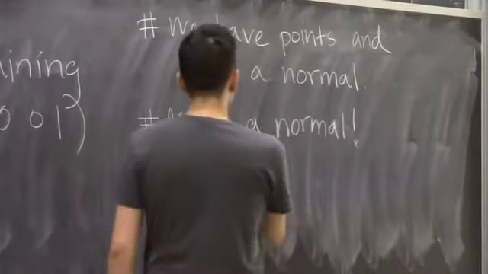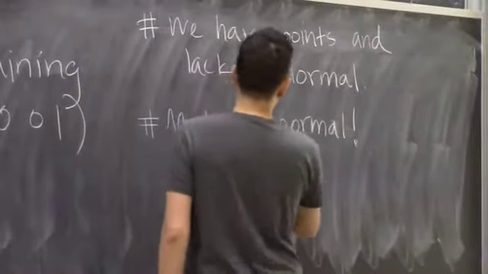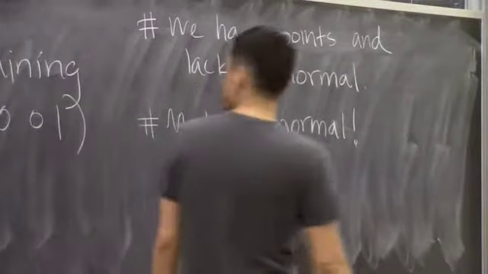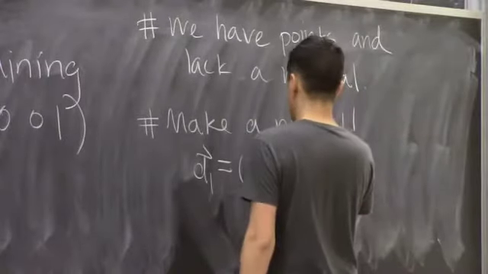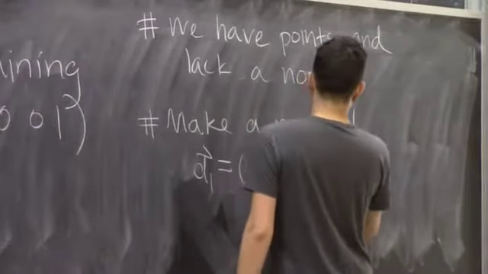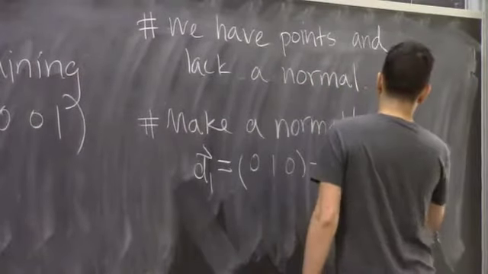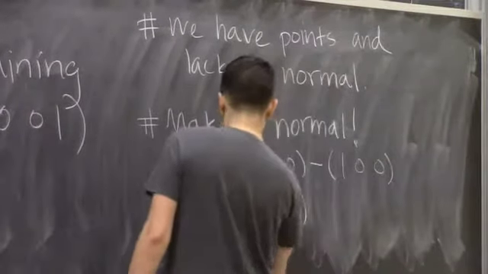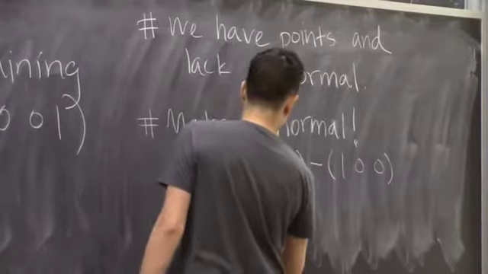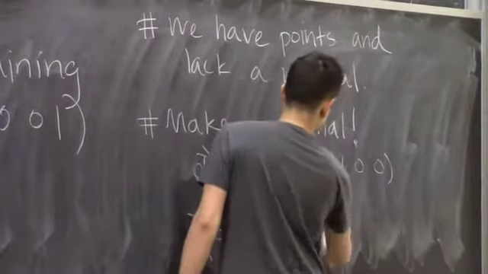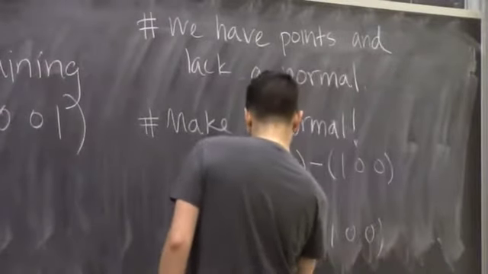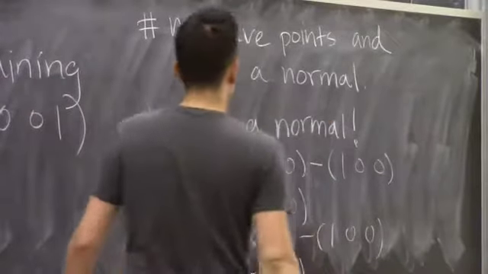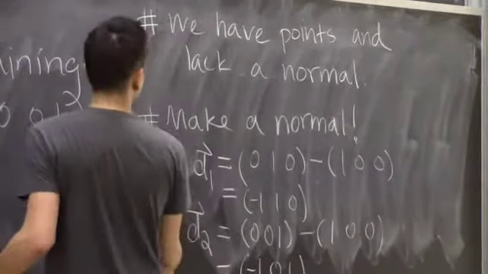Okay, so we're going to take our 2 direction vectors. We can pick any one of these as our initial guy. So let's pick the first one. Okay, so we've got our 2 direction vectors. Good.